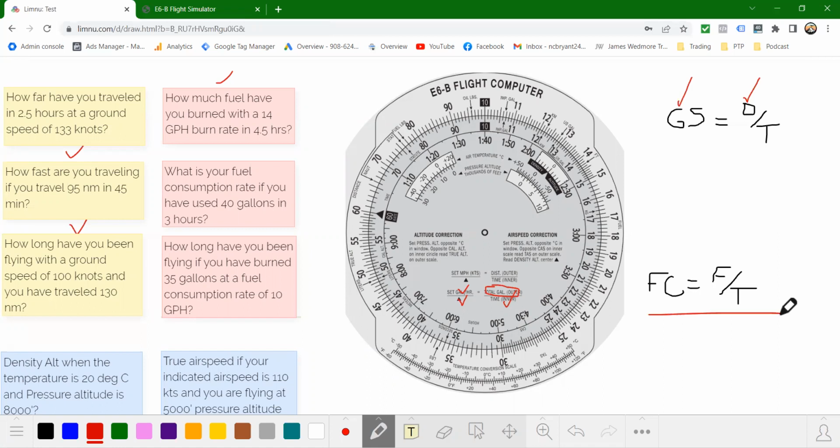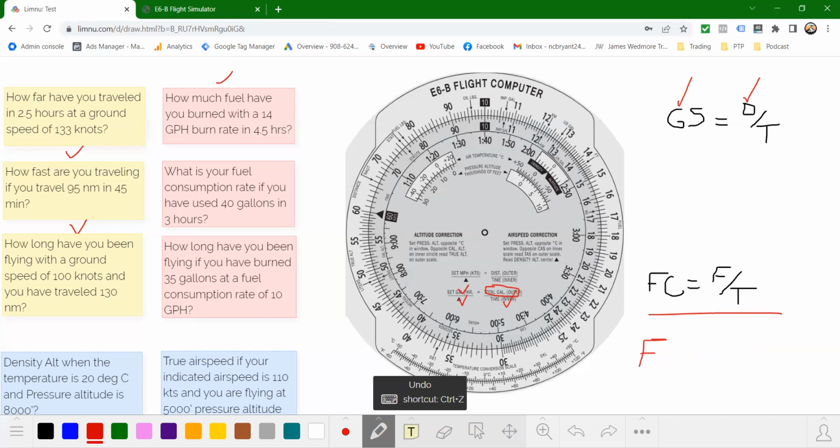And if you want to use this handy dandy equation, we want to know F, so we can rearrange this equation to put the T on the other side. If we just do 14 times 4.5 hours, that's going to get us about 63 gallons. So again, always ask yourself, does this make sense?